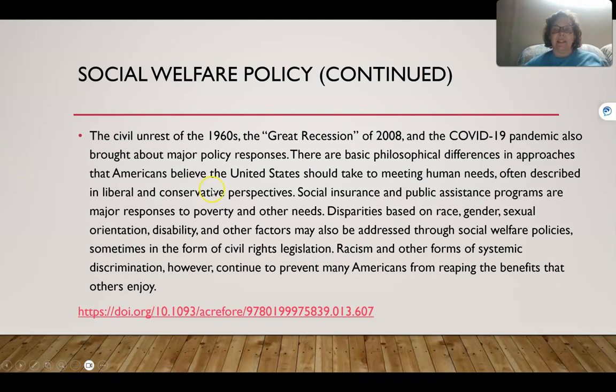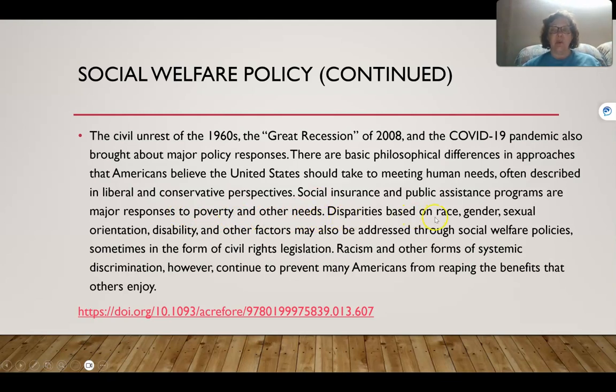There are basic philosophical differences, however, in approaches that Americans believe the United States should take to meet human needs. It's often described in liberal and conservative perspectives. Social insurance and public assistance programs are major responses to poverty and other needs.